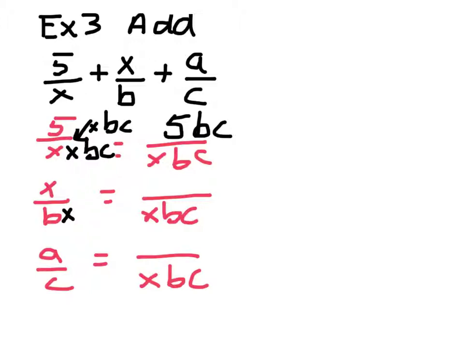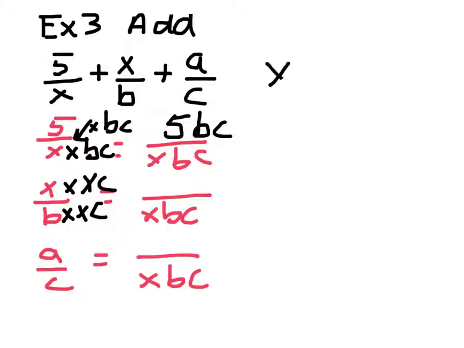b times xc. Multiply the top times xc. And I'm getting my x's and multiplication symbols mixed up. So times xc. So x times xc then, and really I should use a raised dot, but that's okay.